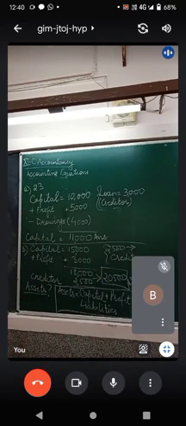Any confusion with this question of calculating total liabilities and only capital? Yes, come on. Any confusion with total liabilities and only capital? Okay. So why have we not taken creditors into consideration in case A? Who will tell me?